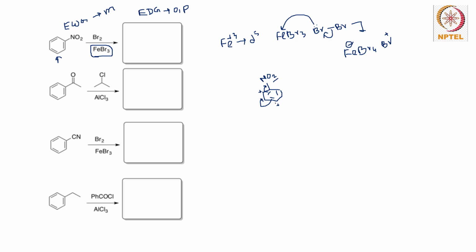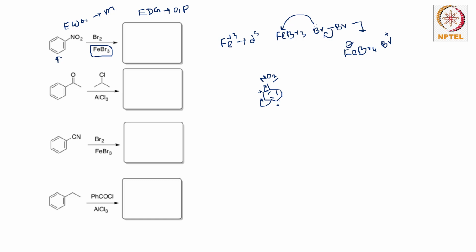So there is electron scarcity at the ortho and para positions. The electrophile always chooses a position where there is electron density, because it itself has no electrons.